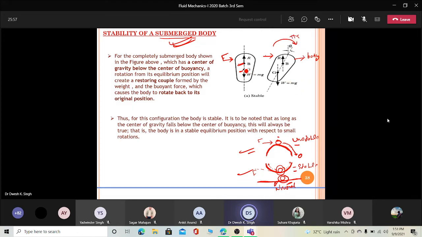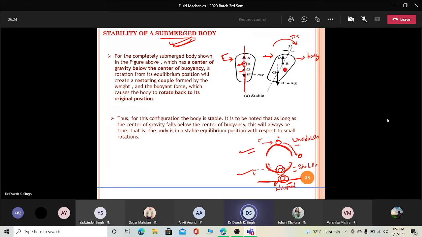But here you can see that the buoyancy and the center of gravity lie in the same line. Why? Because in a static condition, without any disturbance, the gravity and buoyant forces pass along the same line.